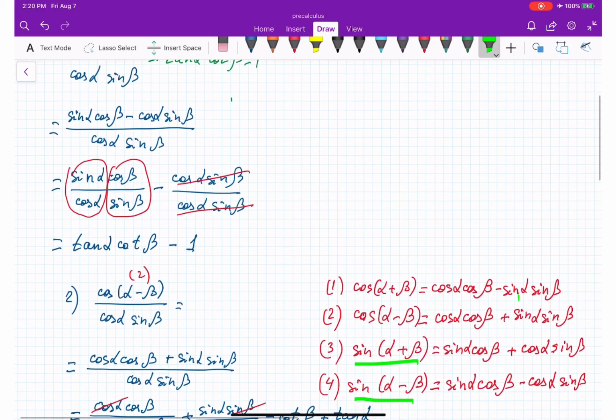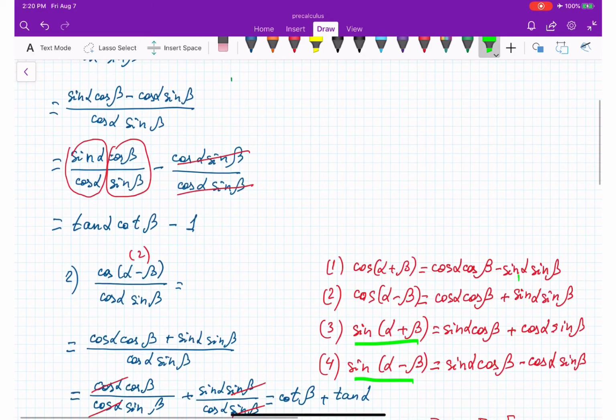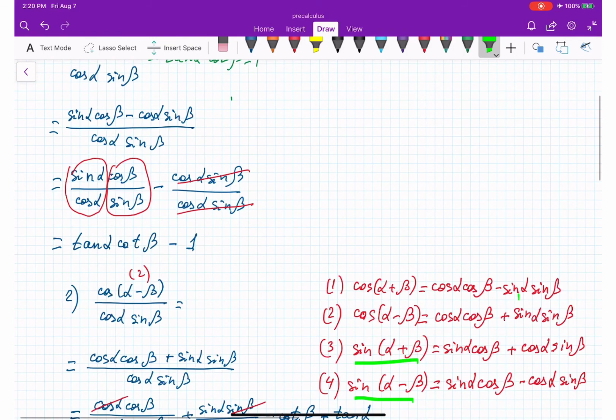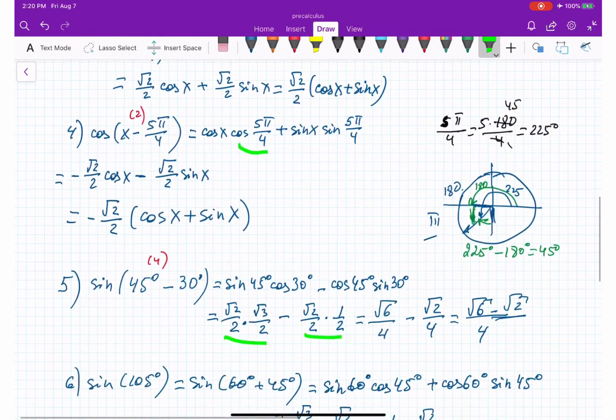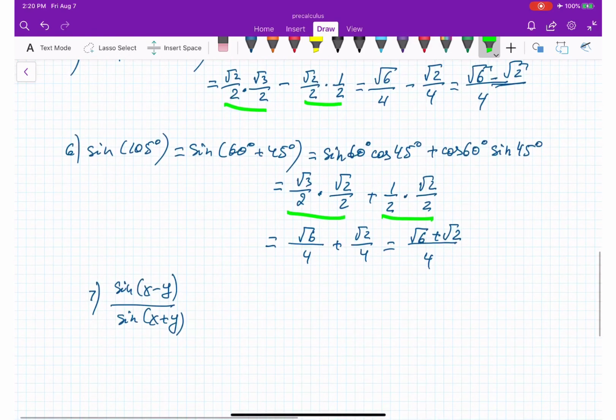Or you also can divide by sine alpha sine beta. So I'm going to go that way. I'm going to take both numerator and denominator and divide by the same sine x sine y. I'm going to use a different method here, because as we saw, applying these formulas is not going to help.